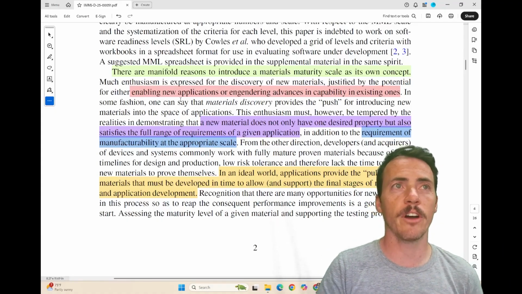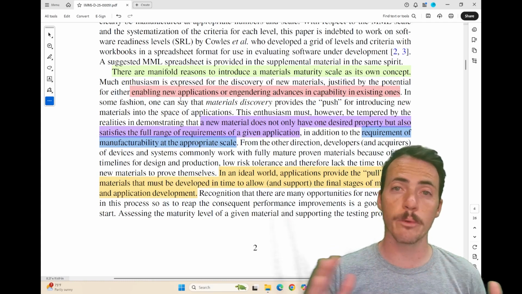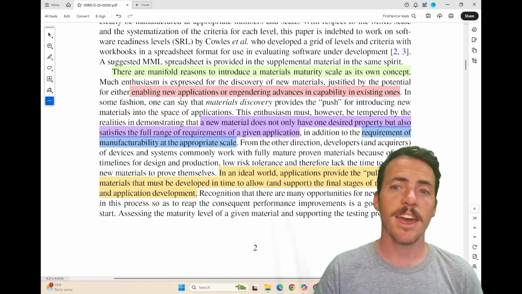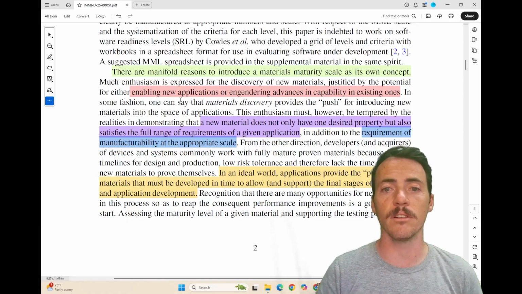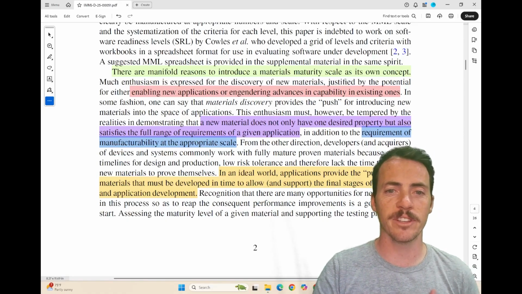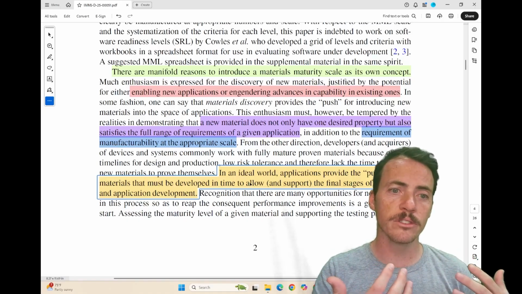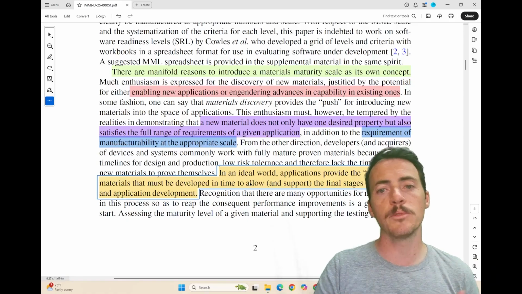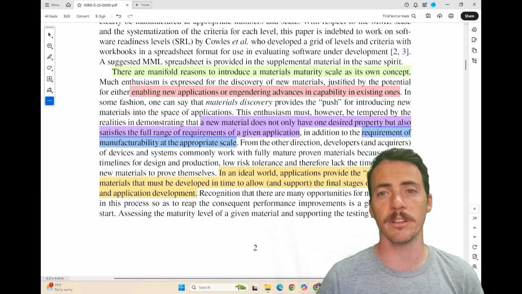They point out that very often new materials don't just have a single property, but they rather satisfy a full range of requirements for some given application, and that you have to consider manufacturability of that material at some given scale. And they point out this great sentence here that in an ideal world, applications provide then the pull for new materials, but then they have to be developed in time to allow for the final stages of maturation and application development.